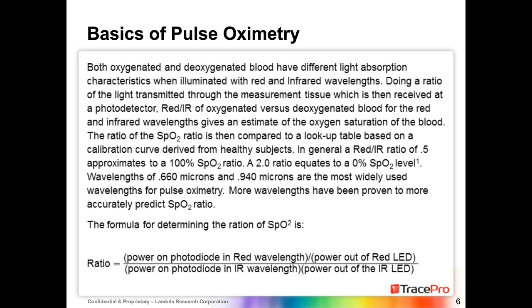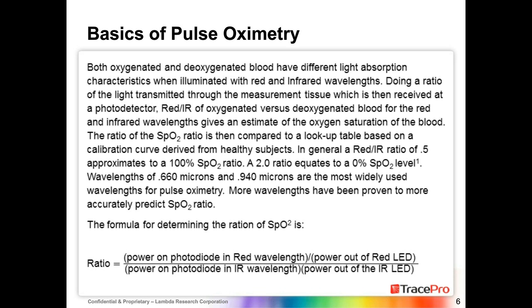So what's the difference here? Well, first of all, we have to figure out what wavelengths are best for taking this ratio. Through a lot of testing, it's been found that 660 nanometers, or 0.66 microns, in the red and 0.94 microns in the infrared are the most widely used because they work the best.